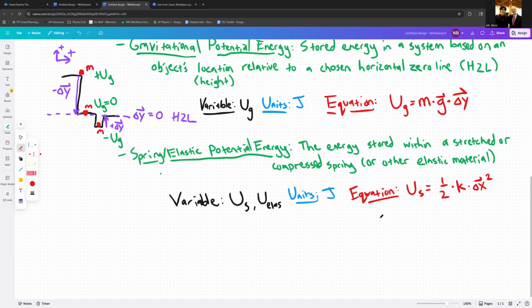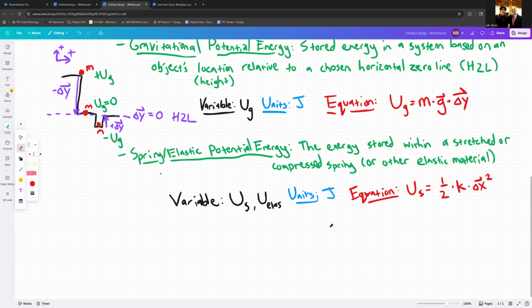With springs, anytime you stretch or compress them, there is the ability to exert force and cause change, right? A stretched spring can exert some force and cause an acceleration. A compressed spring can do the same. So that's a couple things with that equation: you're not going to run into negative spring energy. It's just always going to be positive.